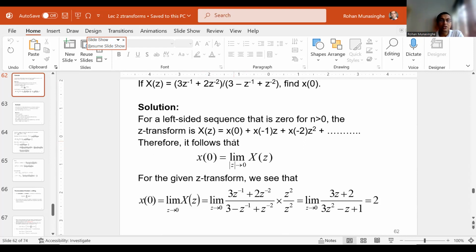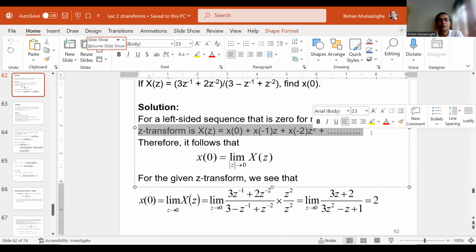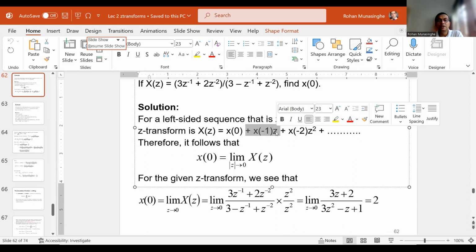So for a left-sided sequence, right, you write your z-transform like this. Okay. If you look very closely, you can see the first sample x0 is there, as it was the case in the right-sided sequence. But after that, you can see x of -1 and z.